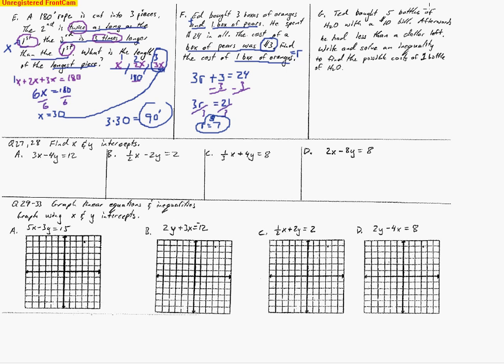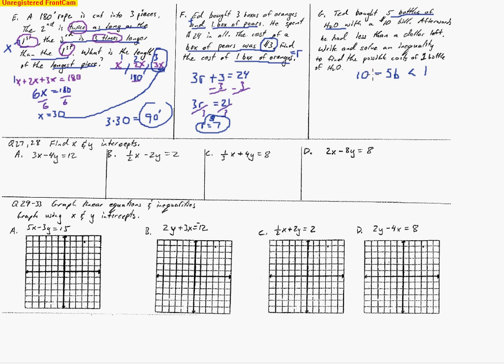Ted bought 5 bottles of water with a $10 bill. All right, so he bought 5 bottles of water with a $10 bill. We know that. Don't know how much the water cost per bottle. That might be what they ask for. Afterwards, he had less than $1 left over. So after he spent the money on the bottles of water that he paid with the $10 bill, we're subtracting 5 times the cost of the bottles, and he had less than $1 left over.